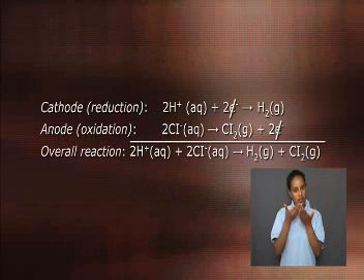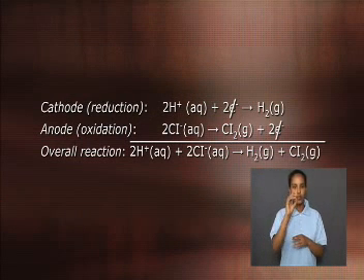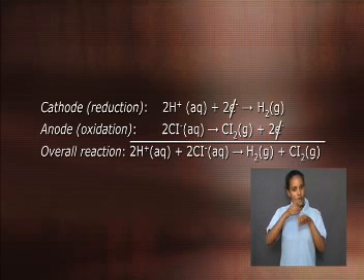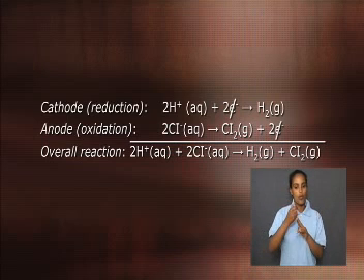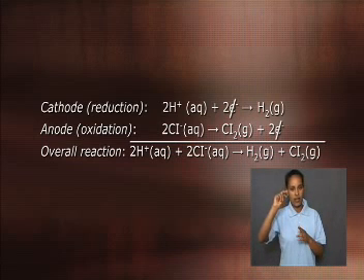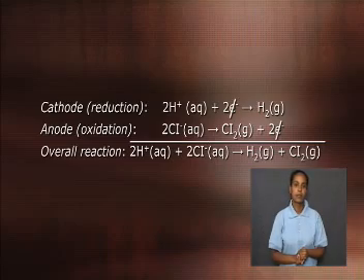Welcome back, students. Here is the reduction, oxidation, and overall reaction that take place during the preparation of sodium hydroxide from the electrolysis of brine solution. In today's lesson, we learned how metals can be produced using electrolysis. We discussed how aluminium is manufactured using the Hall process.